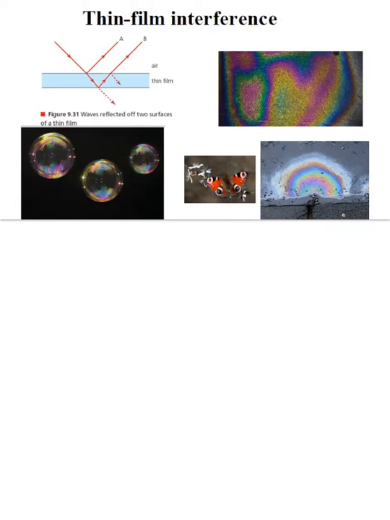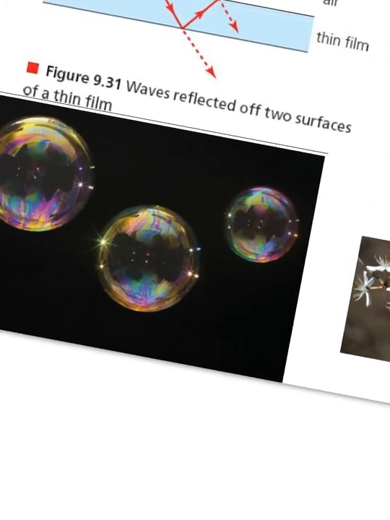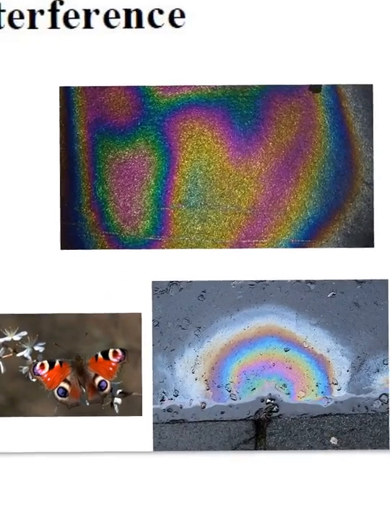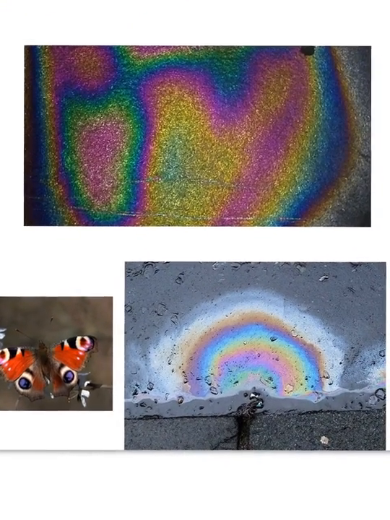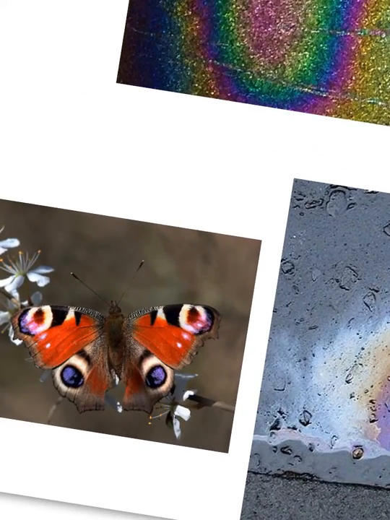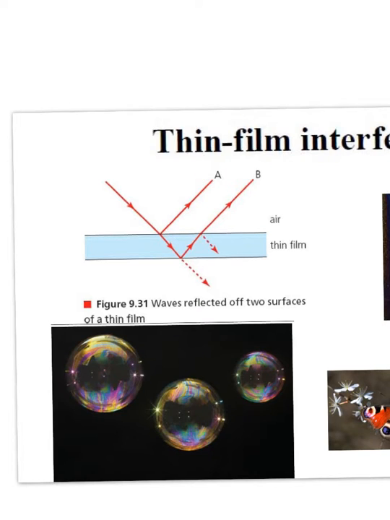The perfect examples of these are bubbles that give you these pretty rainbow effects, oil on concrete, and interestingly enough, butterfly wings. So there you go. So let's learn a little bit more about thin film interference.